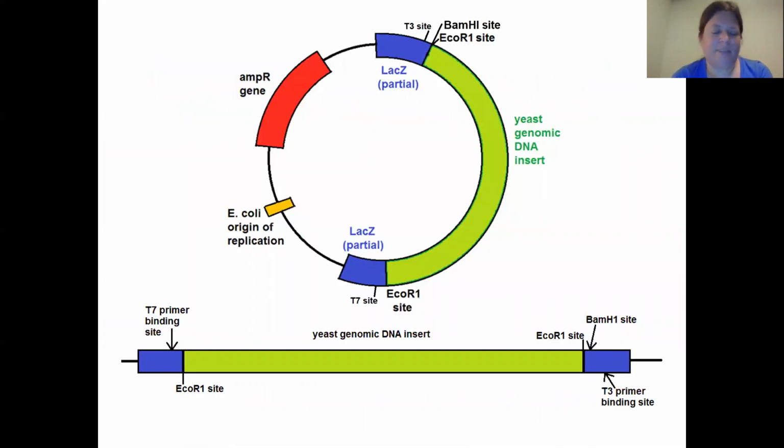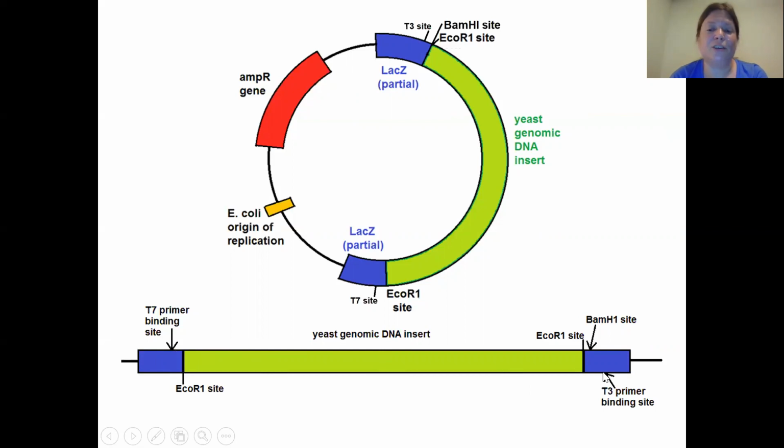So again, just looking at a generic recombinant plasmid, which is what we sent off for sequencing. You've got your T7 primer binding site, your T3 primer binding site. In one tube, you'll be using T7 primer and sequencing your inserts starting from here, sequencing a little bit of pBluescript, and then going into the yeast DNA.